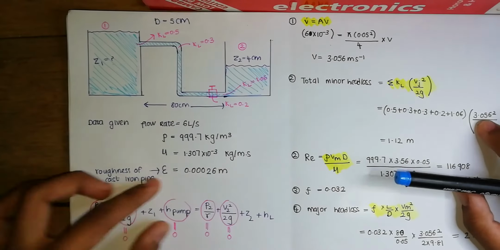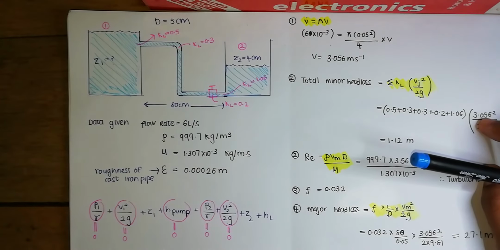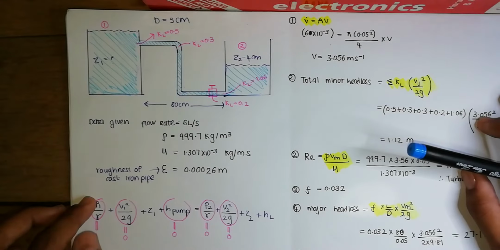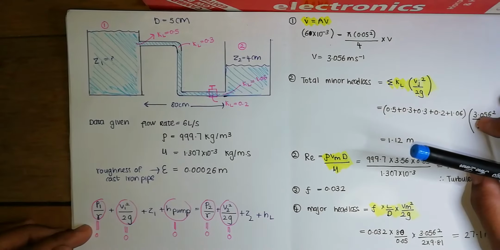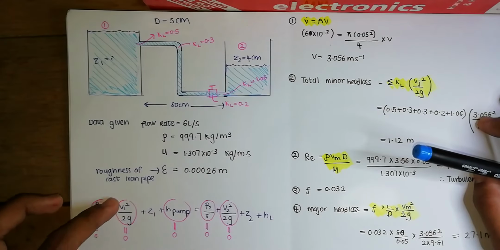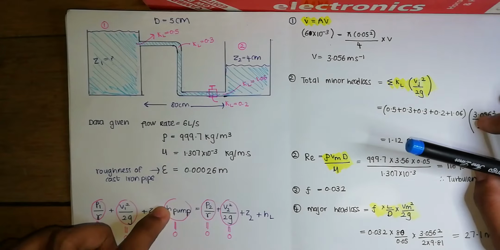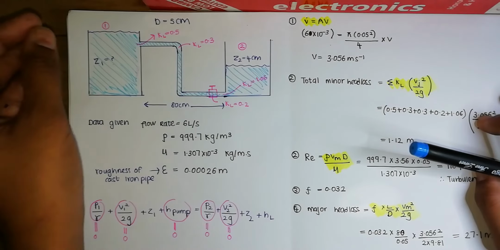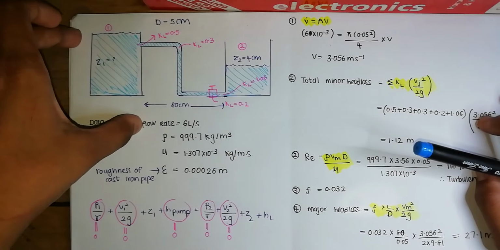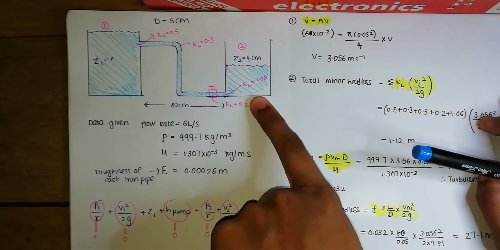So this is my standard general Bernoulli's equation. Pressure 1 divided by specific weight plus velocity 1 squared divided by 2g plus Z1 equals the same terms at point 2 plus H pump. Why I applied this H pump over here is because I considered this tank as my point 1 and this as my point 2.